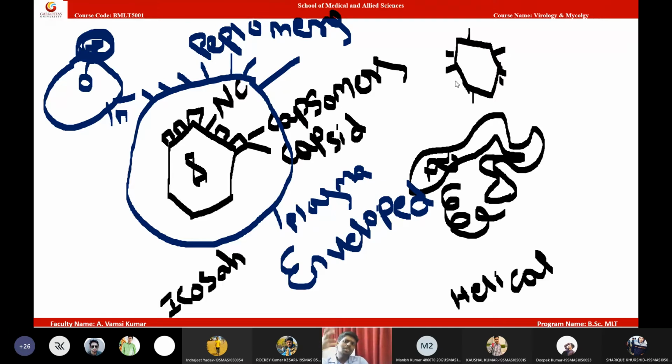This alcohol will dissolve the outer membrane of the virus, and if the outer membrane is dissolved, the virus will die. That is why we need to understand the structure of the virus. By understanding the structure of a virus, we will know whether it is enveloped or non-enveloped. If it is an enveloped virus, we can destroy it with alcohol.